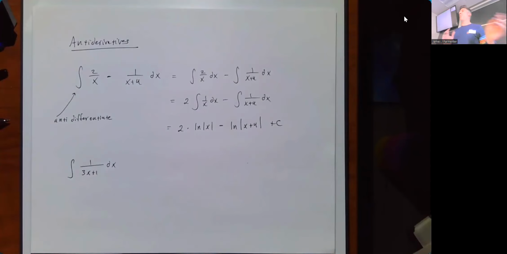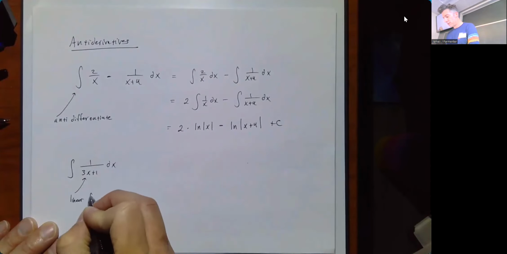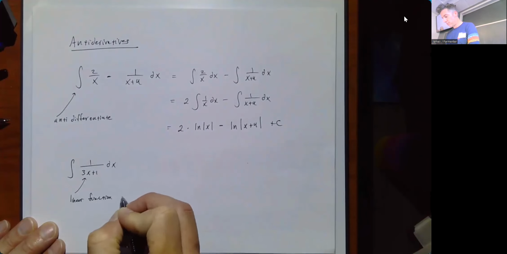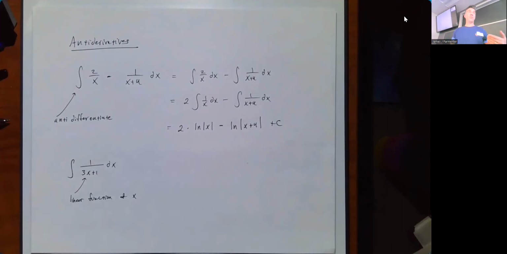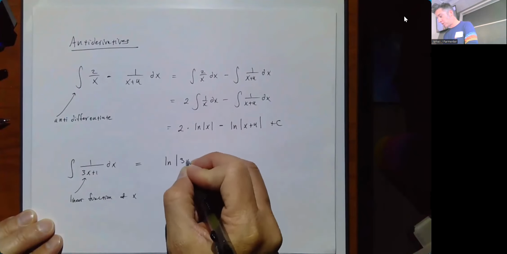When you integrate a constant over a linear function of x, where y equals 3x plus 1 on its own would be just a straight line, you're going to get the natural log of that linear function.